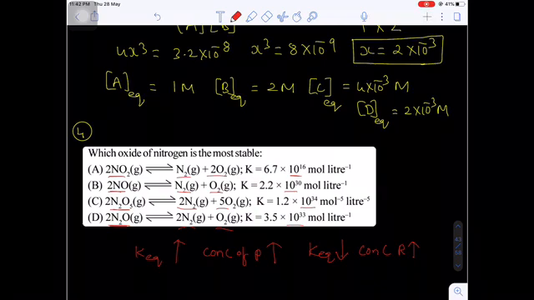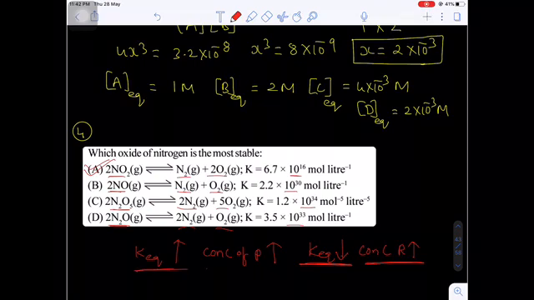That means the equilibrium is very difficult to reach the products, so almost all reactants are present. Reactant means nitrogen dioxide, so option A, the first option. Are you getting my point? This is the decomposition reaction. Remember, if the K equilibrium is very small, then the concentration of reactants will be maximum. If the K equilibrium is very large, then the concentration of products will be maximum.